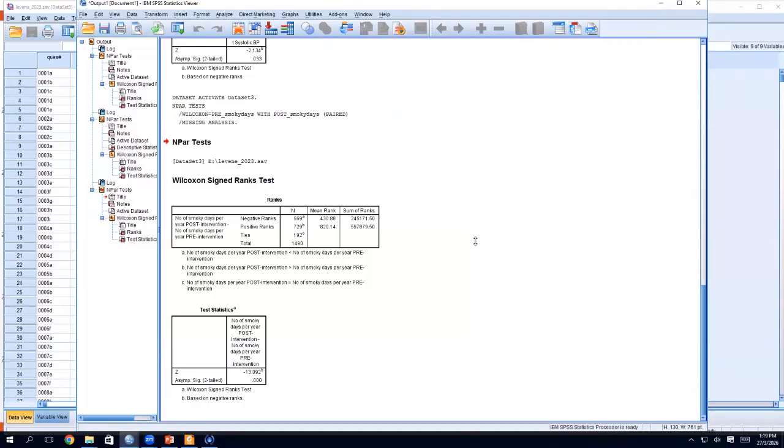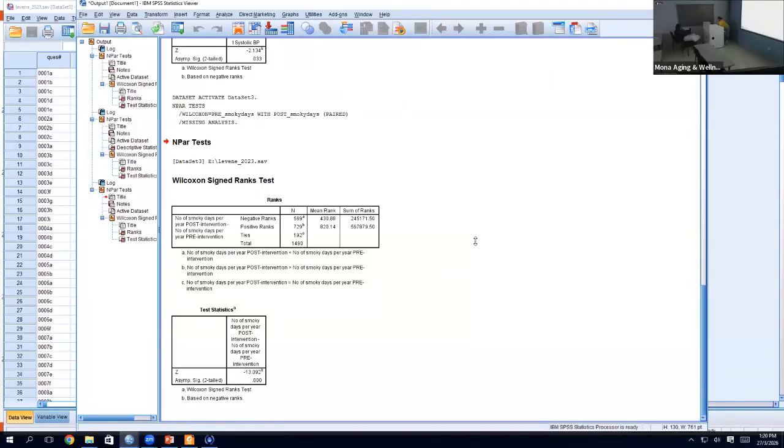Yes, miss, I've seen that. Okay. And I think I remember what I was supposed to say. So the mean rank. The idea with the mean rank is the greater the mean rank, the greater the magnitude of the differences. Because remember, we had to order them, then rank them. So higher differences would have gotten higher ranks.